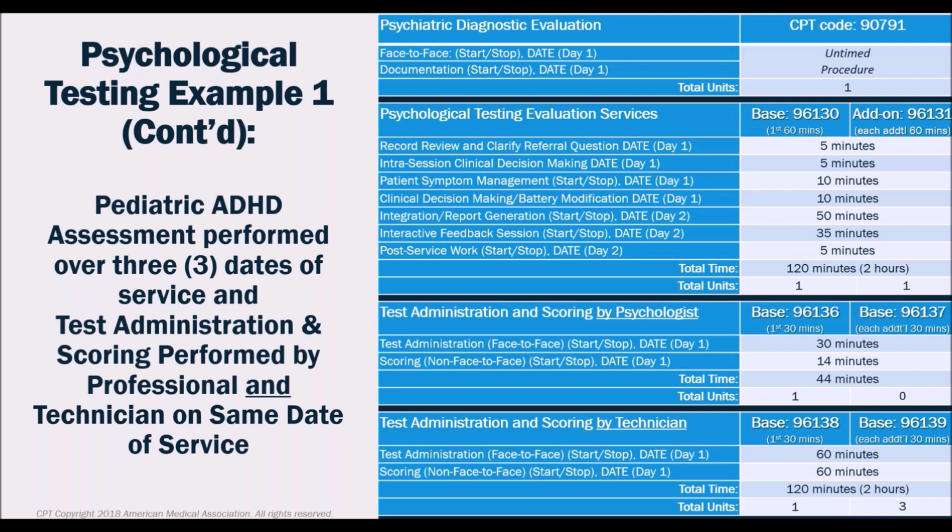Then you hand off the patient to the technician, who spends an additional 2 hours with test administration and scoring. So the way that's coded is that the base code, again, is a 30-minute base code. You bill for 1 base code unit, and then 3 additional add-on units using the 96139.